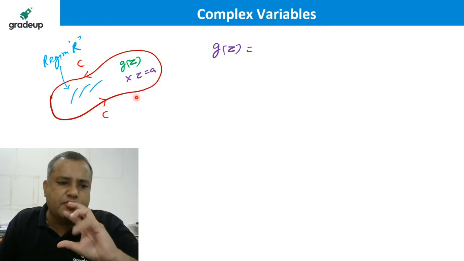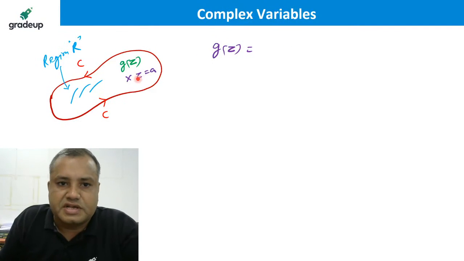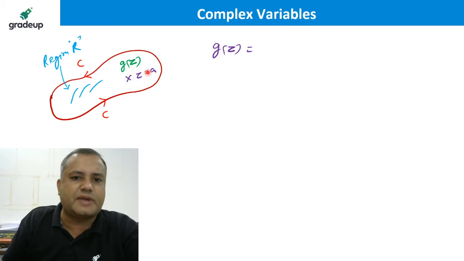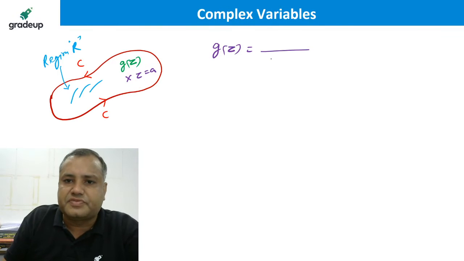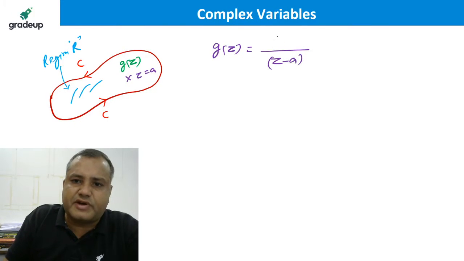So I want to separate this singular point from g of z. G of z is having singular point at z equal to a. It means z minus a will be a factor in the denominator, and the remaining function will be f of z.